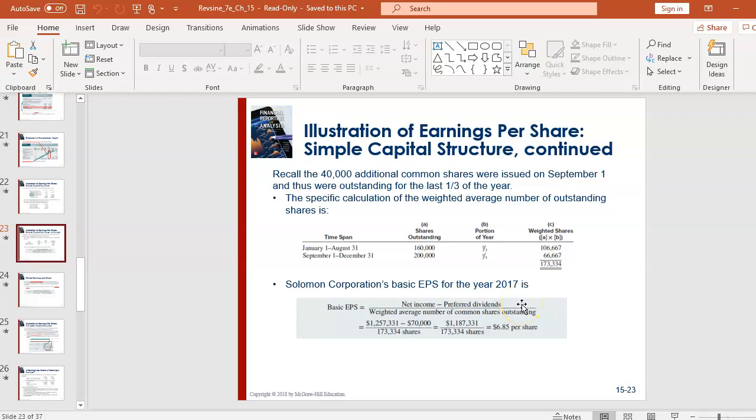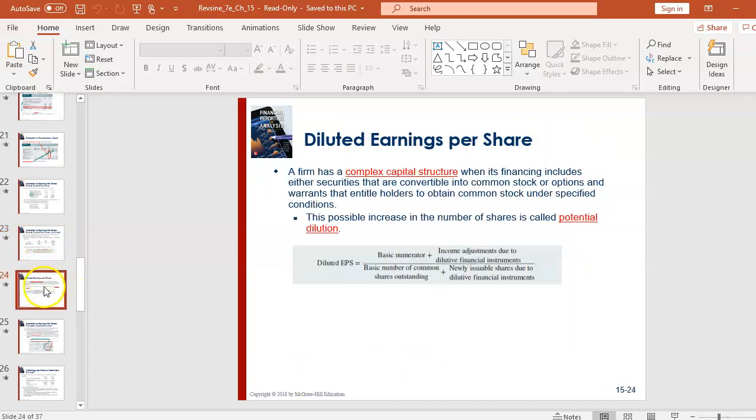So net income minus what the preferreds get. Then anything left afterwards, you divide that by the weighted average number of common shares. And you can see here we did the weighting. For this example, 2/3 was 160, 1/3 was 200. The weighted average is 173,334. And that helps us figure that out.